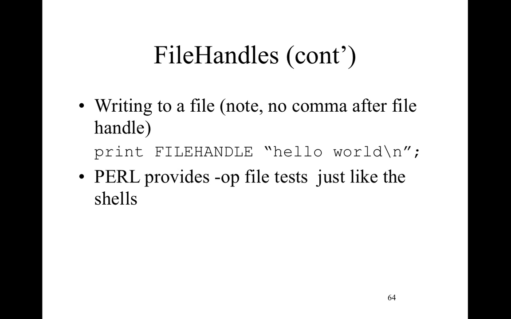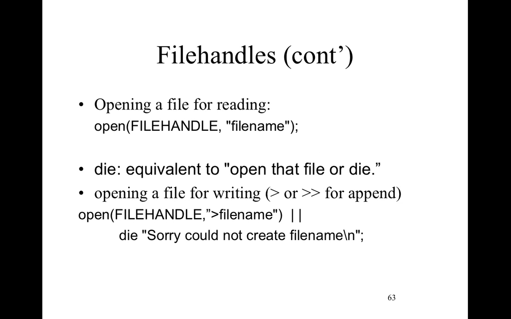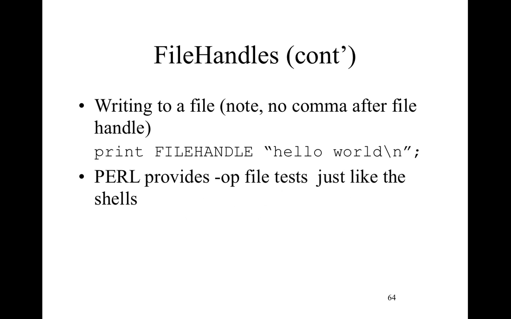So in terms of file handles, in terms of writing a file, that was opening a file. To write it, note no comma after the file handler. In this case, we had a comma in this one, which is kind of weird. Open this, comma, then write it out to that. This one just says print this file handler, and then print to the file handler, which is the name of the pointer that's pointing to this file that we have out there.